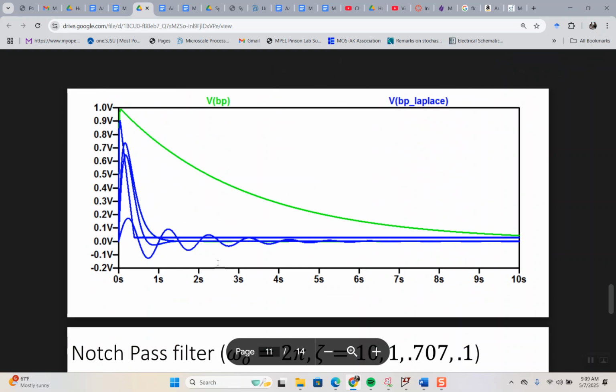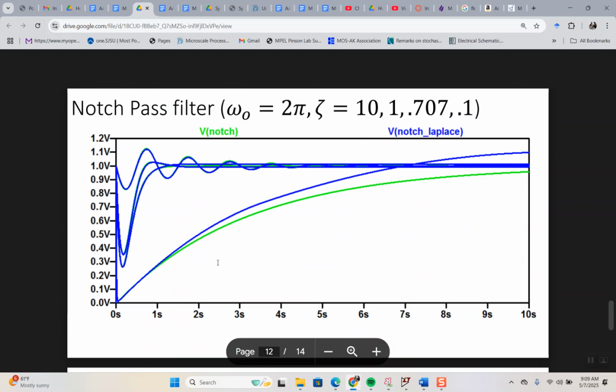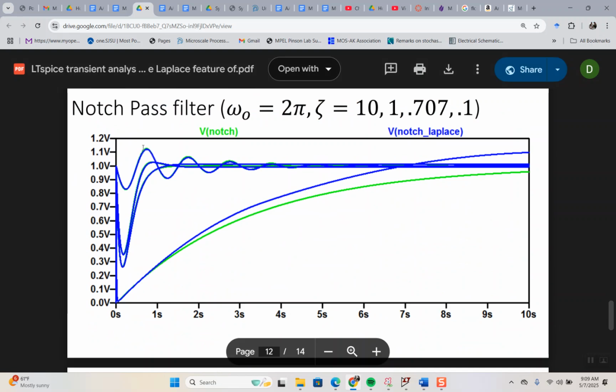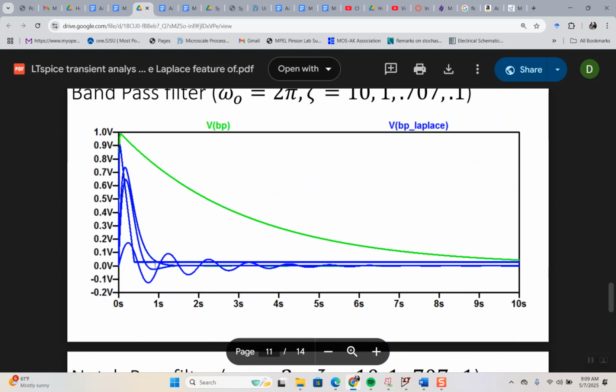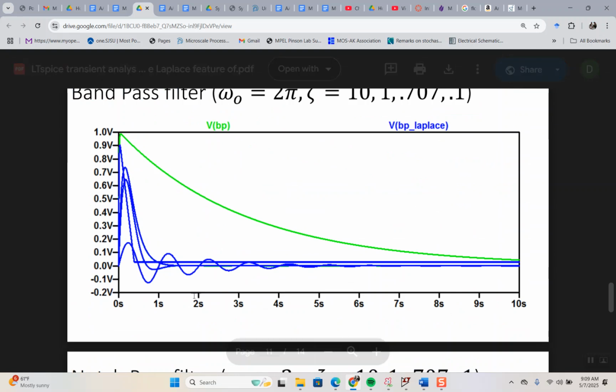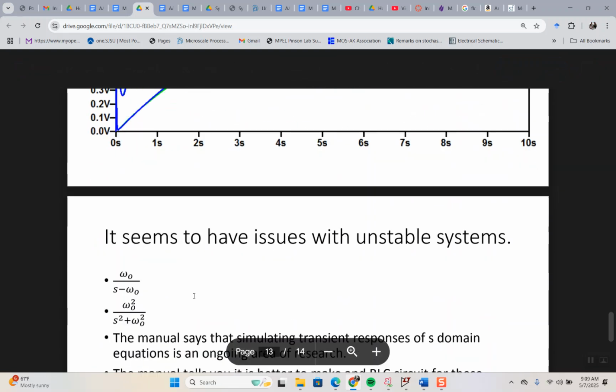And now here's the band pass. And it completely falls apart. All right, it doesn't work. And Notch has its issues. Some work, right? You can see there's like little, so it's working. Here you might go, what's this line out of here? Well, the other ones are probably working because it's overlapping.